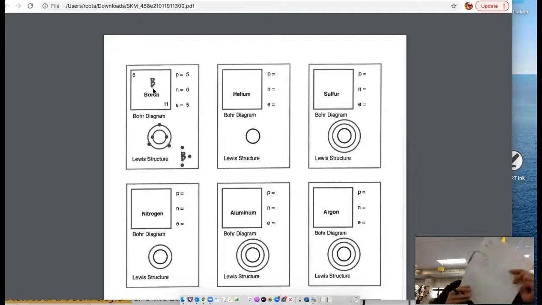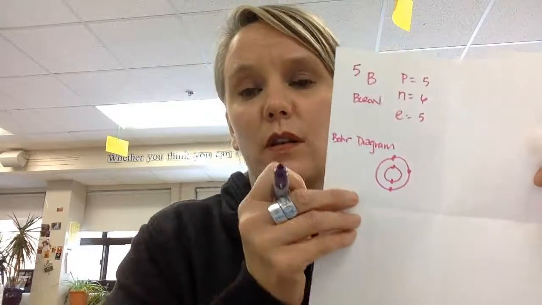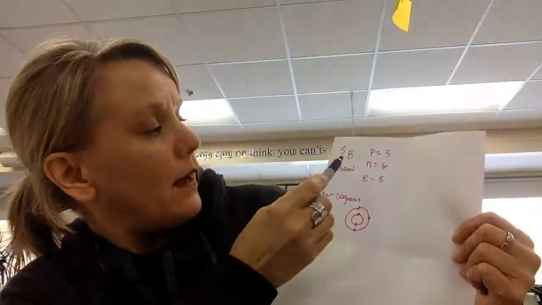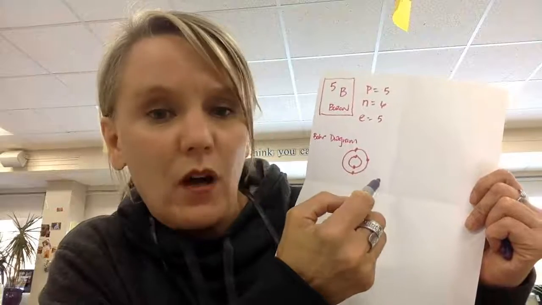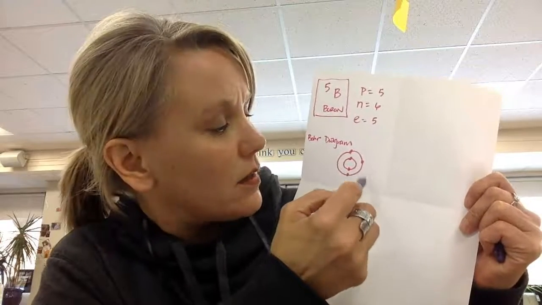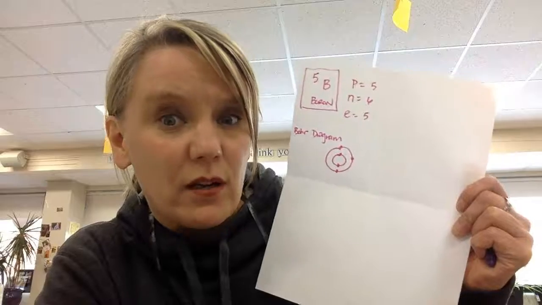On my piece of paper, I'm just going to copy the same format that is on those cards onto each of these squares. Notice that I didn't do what's called the Lewis structure. That's in the bottom corner here. We're not doing that yet because we haven't talked about it yet.